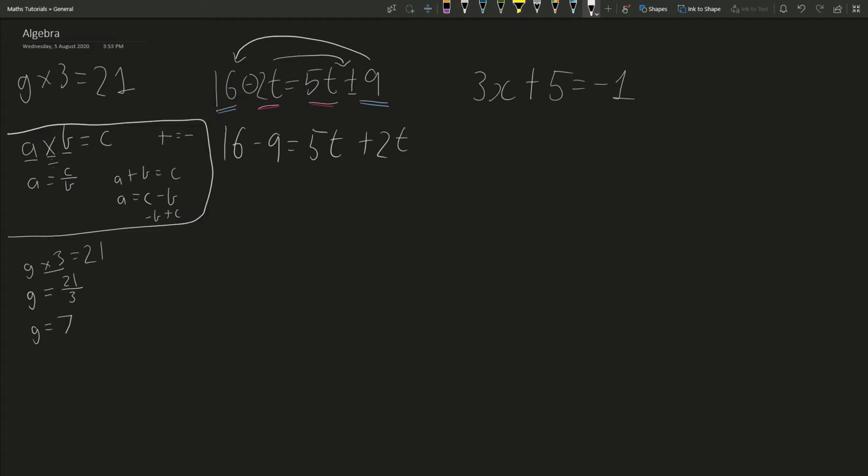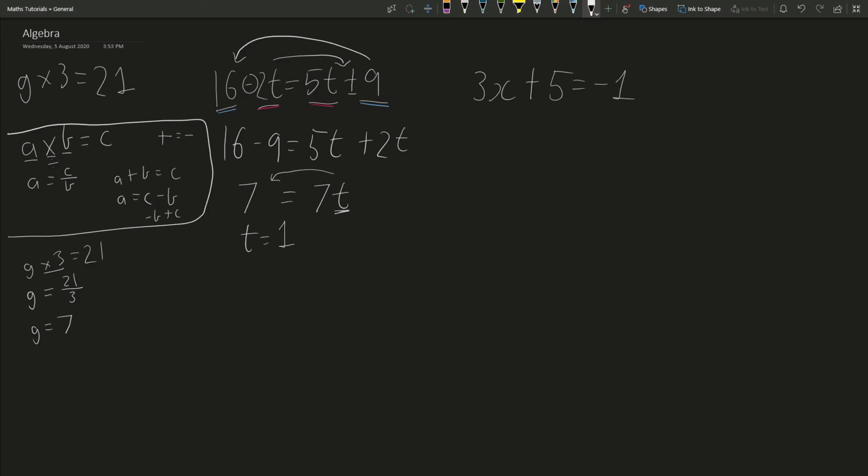Now, we can combine these terms together, so we know 16 minus 9 is 7 equals 7t. In this case, 7 times t equals 7, and of course we know 7 multiplied by 1 is 7, therefore t is equal to 1.